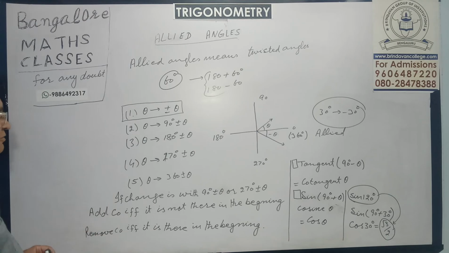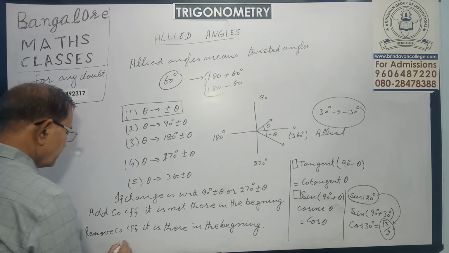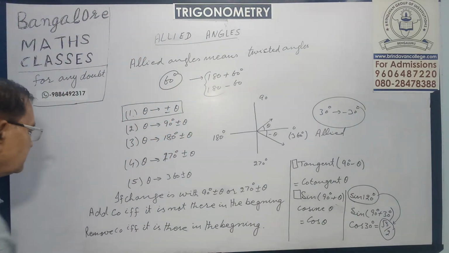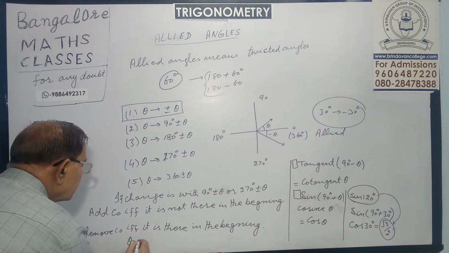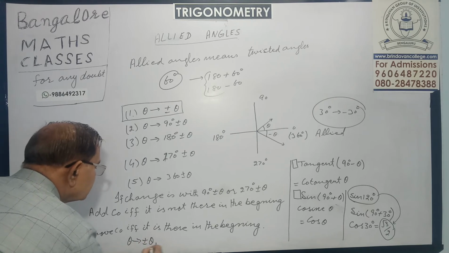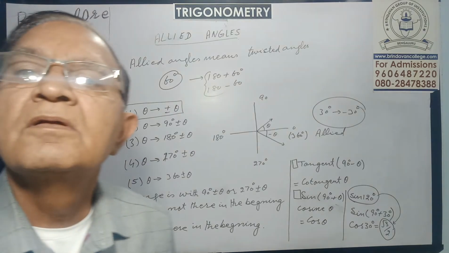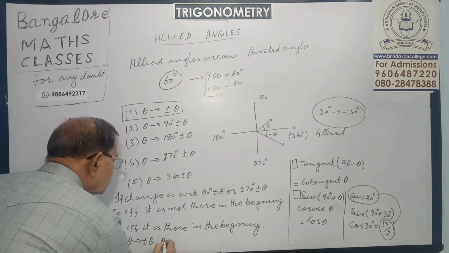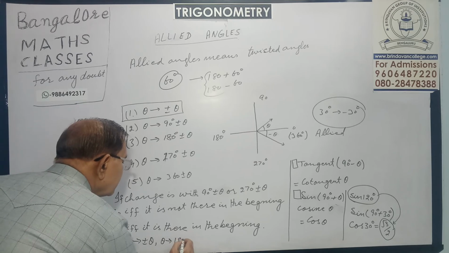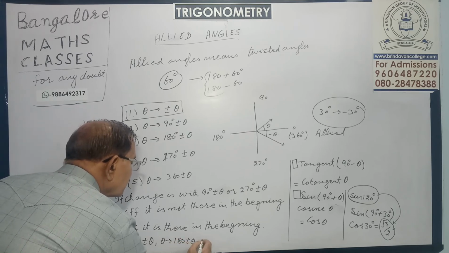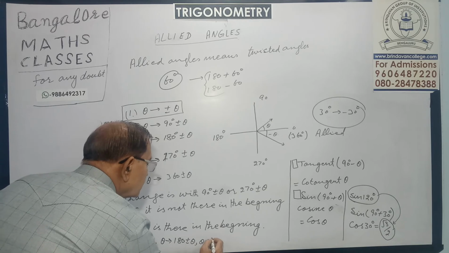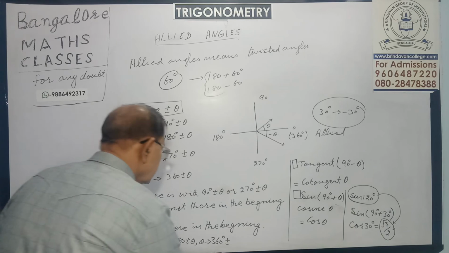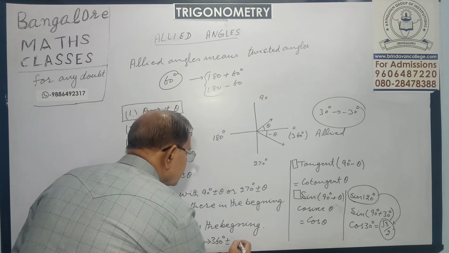And for theta to 180 plus minus theta, theta to 360 plus minus theta, no co-rule is there.